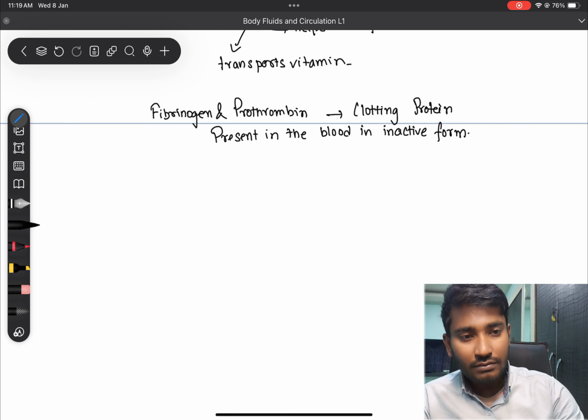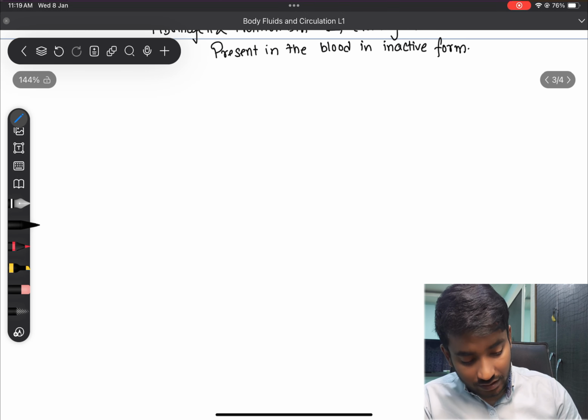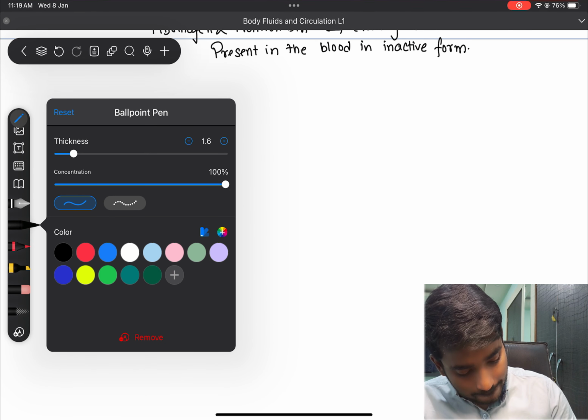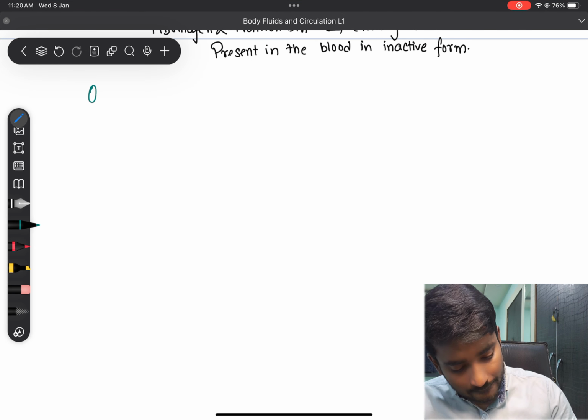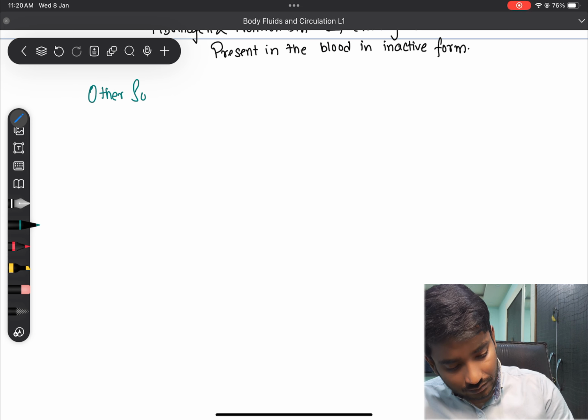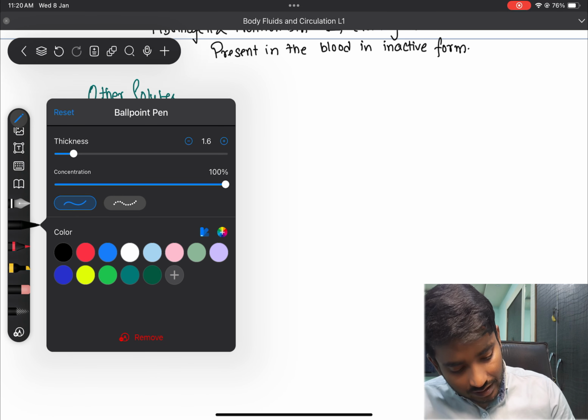Okay. Now, other solutes. What are the other solutes in the plasma?